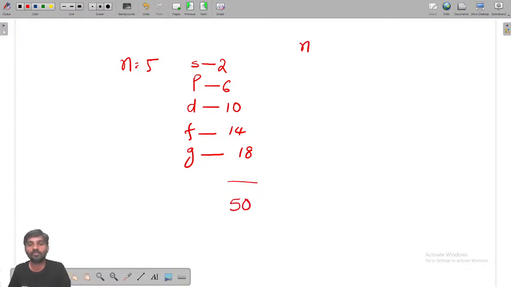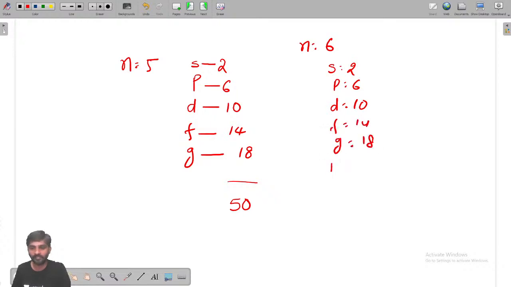So for n equal to 6, s is 2, p is 6, d is 10, f is 14, g is 18, h is 22. So how many does it become? 72.